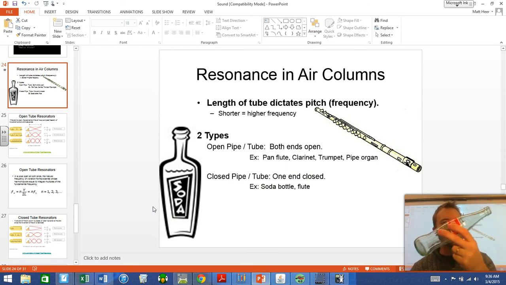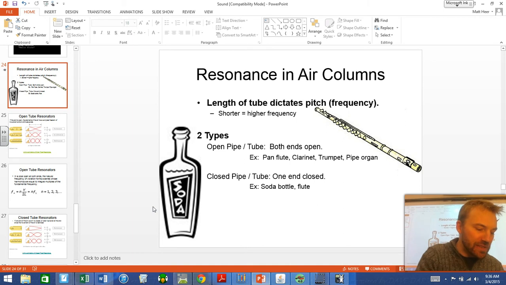We consider this a closed pipe resonator. If both ends are open, like here on this one when I was opening up this end, it's an open pipe resonator. If I close the end, closed pipe resonator. And you can actually hear that's an octave jump between the two. Why does it do that? That's what we're going to answer today in 15.2 part 2.